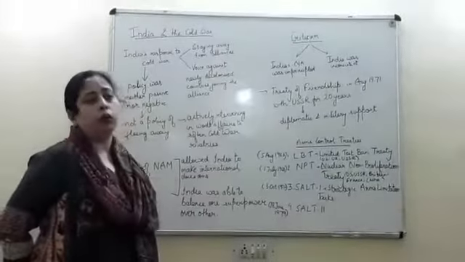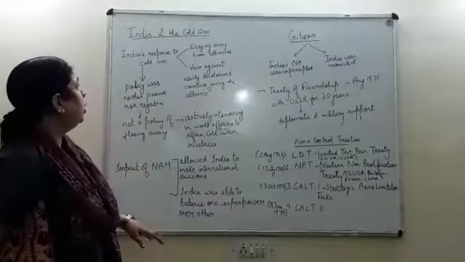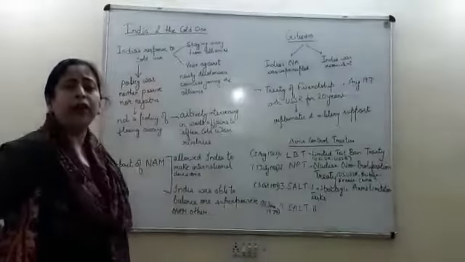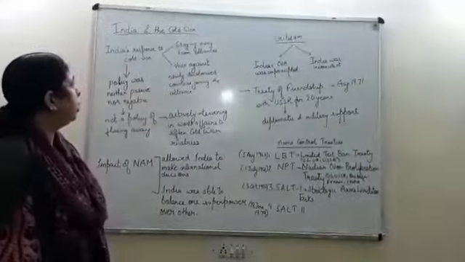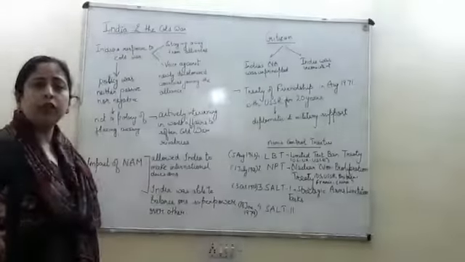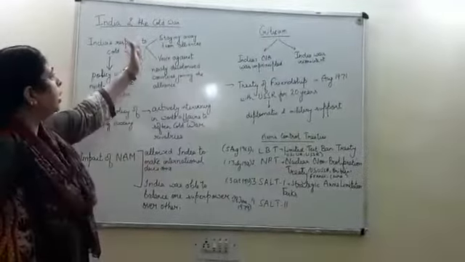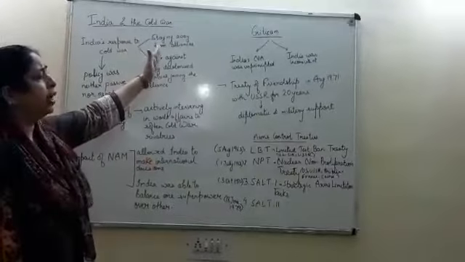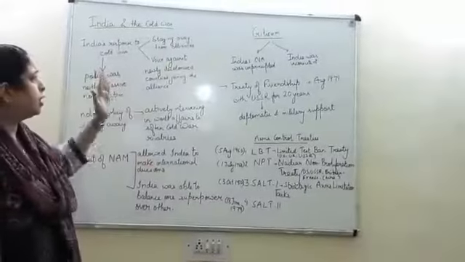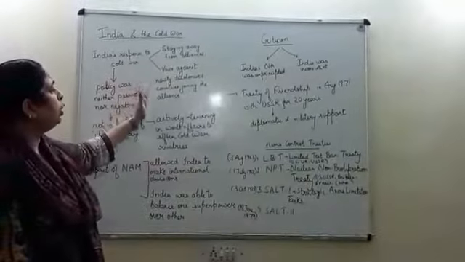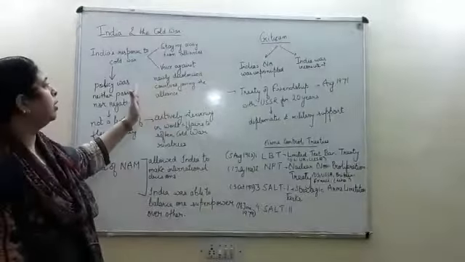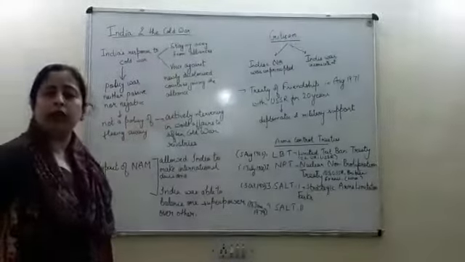So today, moving ahead, we will be talking about India and the Cold War. First of all, we can divide India's response to the Cold War into two main parts. First, some people say that India just wanted to stay away from the alliances, and secondly, India wanted to voice against the newly decolonized countries joining the alliance.